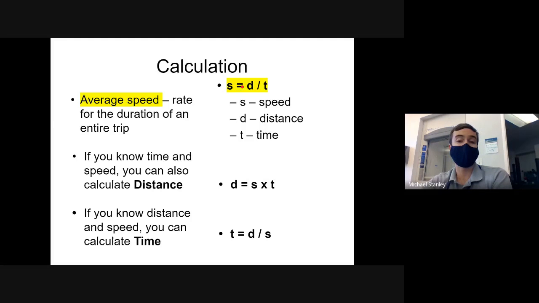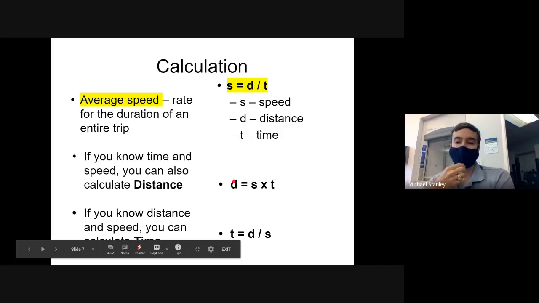Now, because this is such a simple little equation, we can also rearrange it in order to find some of these different values. So for speed, if you know the distance and you know the time, you can do distance divided by time to get speed. If you know your average speed of an object and you know how long that object was traveling at that speed, you can calculate distance, right?